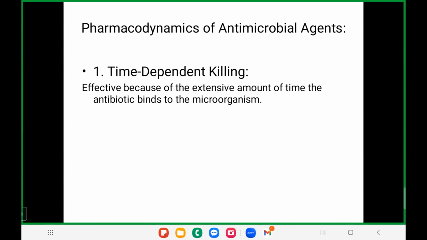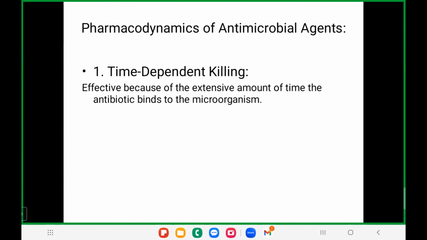Say you are going to kill the organism with an antibiotic that is time-dependent; it needs to bind the organism for an extensive time. So rather than the concentration, here it needs more time. Your antibiotic should be there in the bloodstream or in the tissue for an extended time, so that it can bind the organism and induce the killing effect. So this is called time-dependent killing.